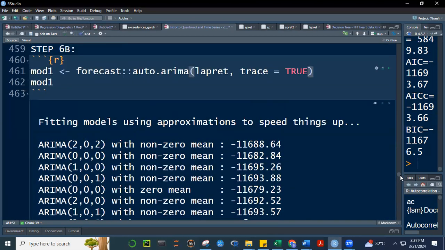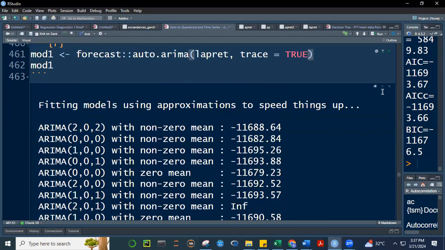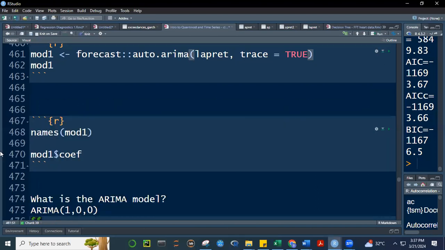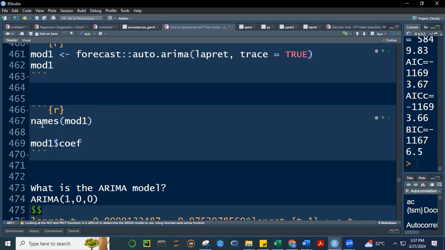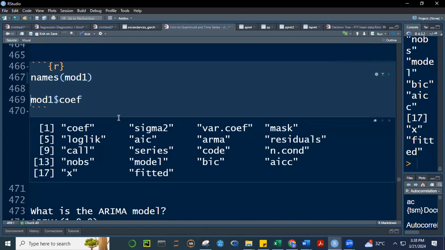All right, let's run this, class. So what is our model? We can get the names of model 1, so just run this. Names of model 1. What's inside model 1? There's the coefficient, log likelihood.